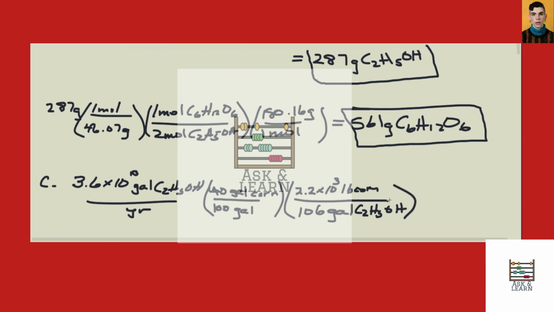And finally, we know that the average corn yield is 2.1 times 10 to the fifth pounds for every 1 times 10 to the fifth meters squared.